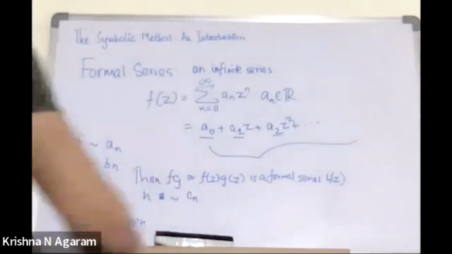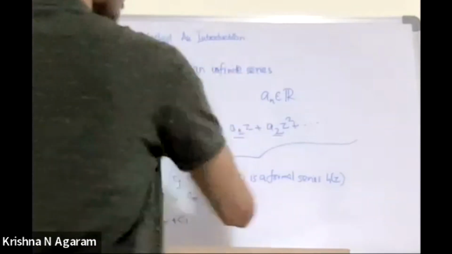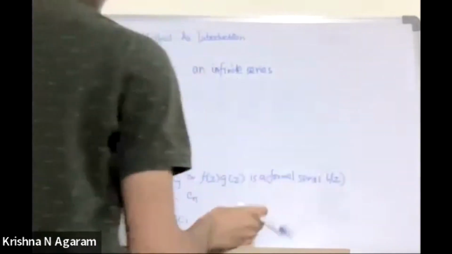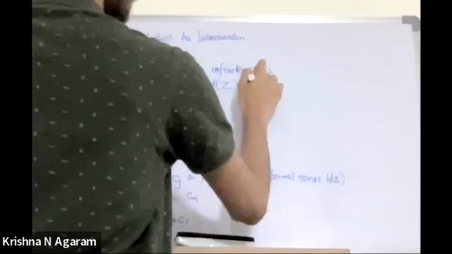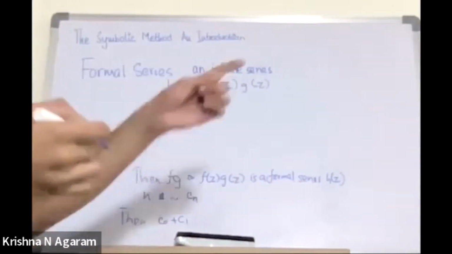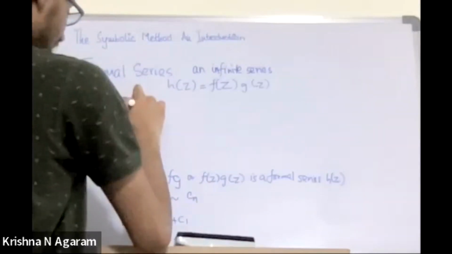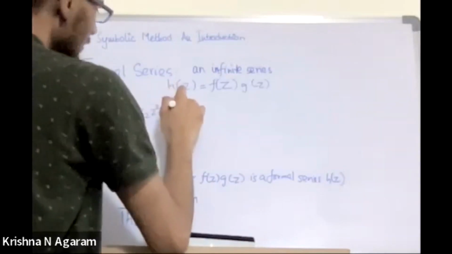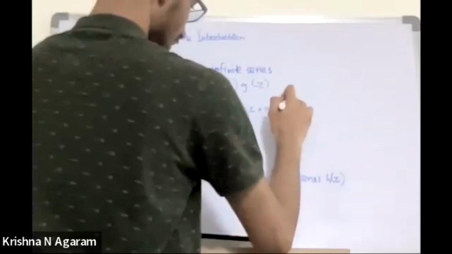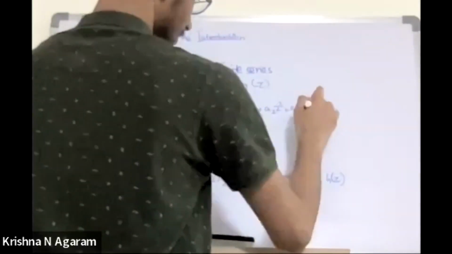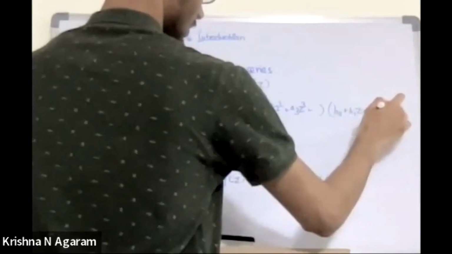So think about it. You want h of z equals f(z) g(z), and suppose it would be nice if the usual polynomial multiplication rule happens. Then c0 plus c1z plus c2z squared plus so on must be equal to a0 plus a1z plus a2z squared plus a3z cubed and so on, times b0 plus b1z plus b2z squared, and so on.